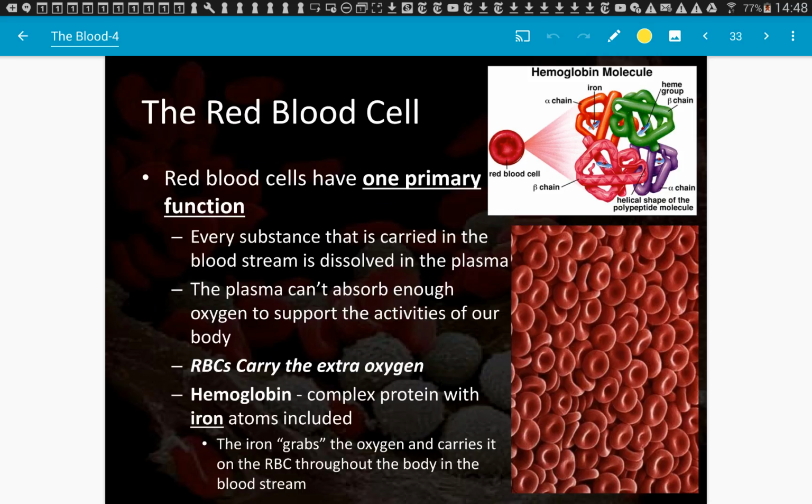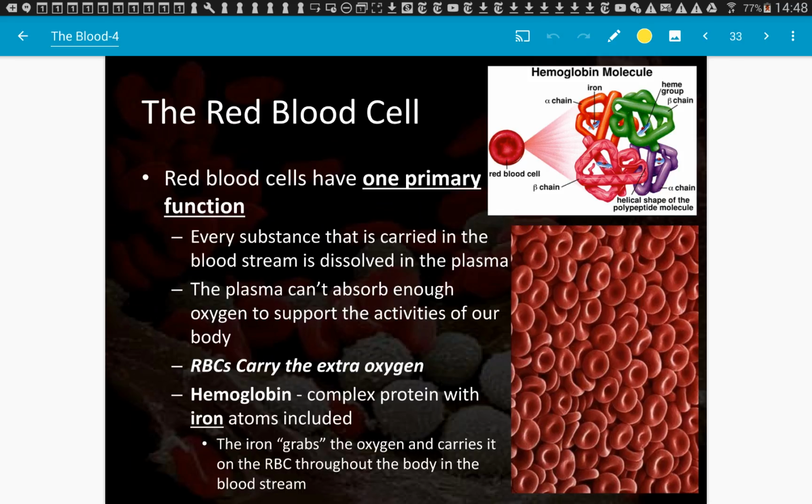So, interesting thing is, we know that in the bloodstream, we have all of these components dissolved in the plasma, like gases and nutrients and waste products, but we can't dissolve or absorb enough oxygen to supply the oxygen to all the tissues in our body just in the plasma.